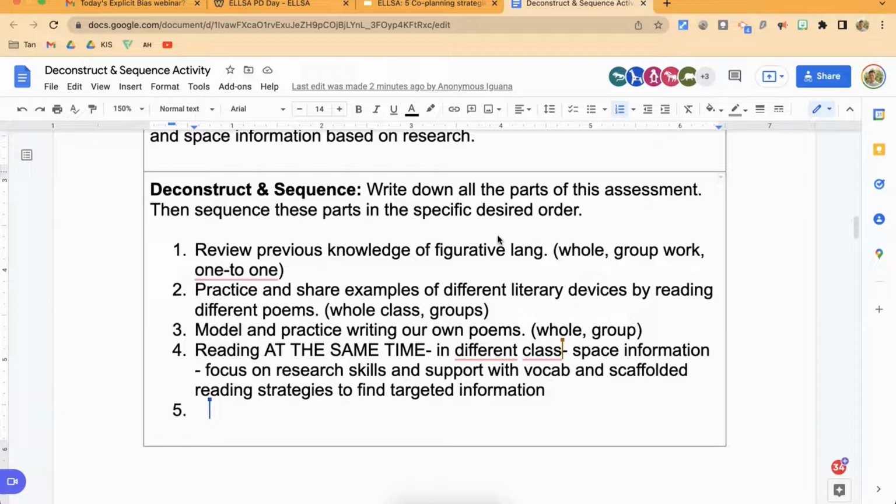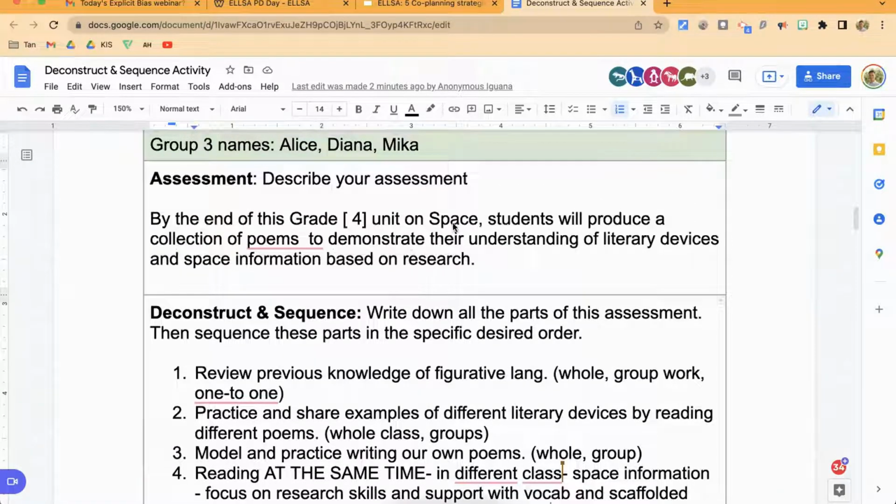Alice said, every person involved in the teaching knows their role and what they need to do. Yes. So the content teacher or your co-teachers is giving you the context of space, the context of literary devices. You as a language specialist, you're contributing how can I scaffold this for students?